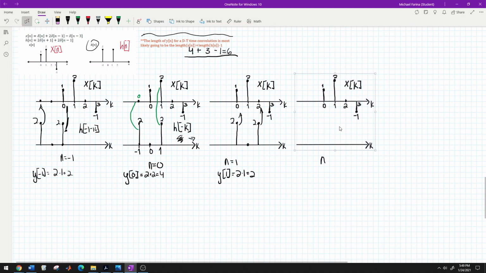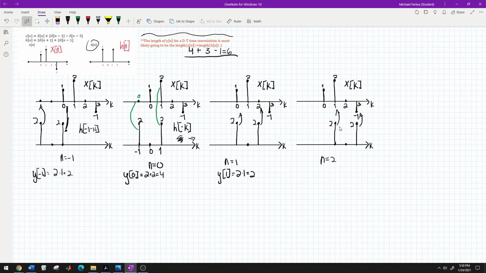So now we'll do n equals 2. Shift this over 1. We'll have an impulse here. This is a 0. An impulse here. That one's matching up with that one. This one's matching up with this one.